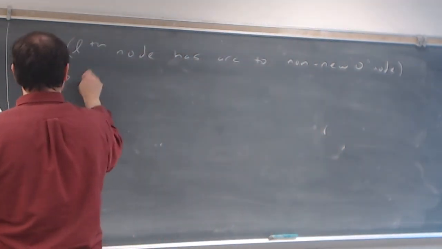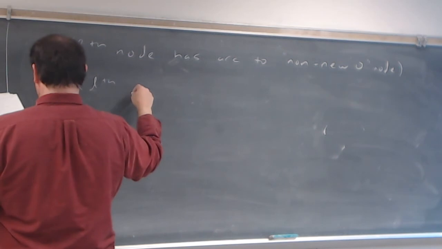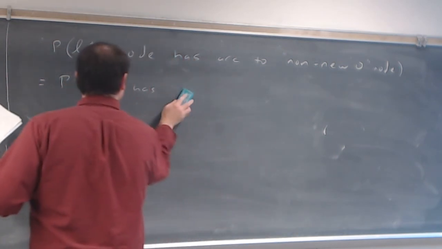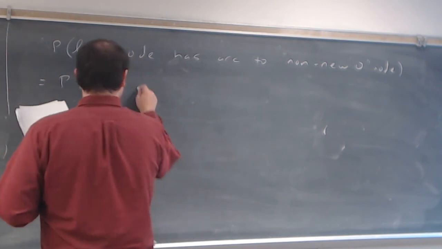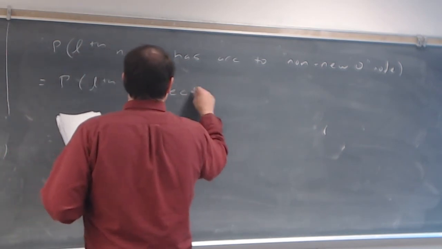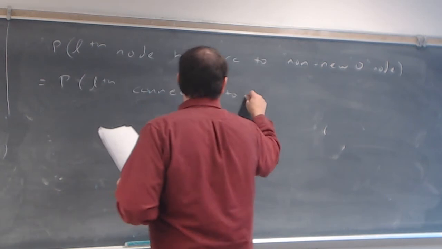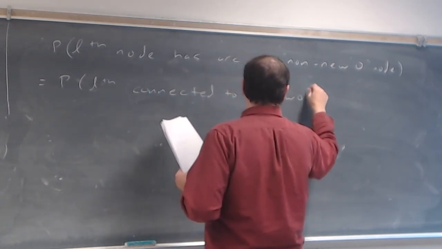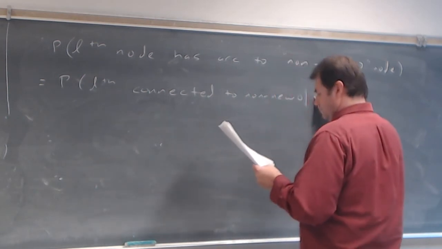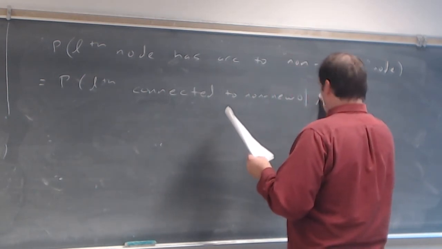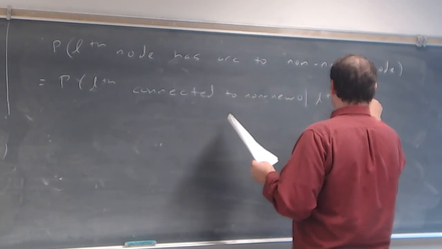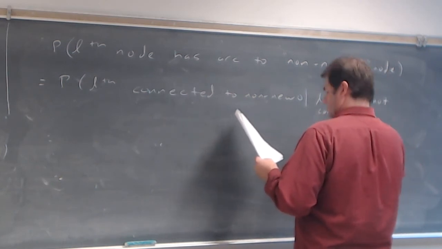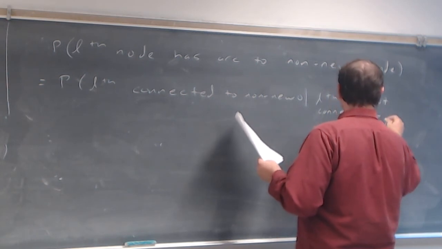That's equal to the probability L is connected to new zero, given L node is not connected to old zero.